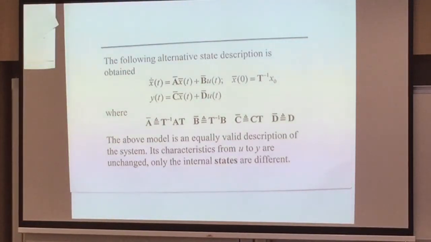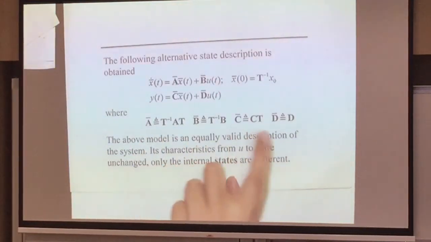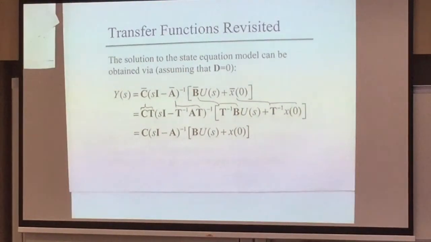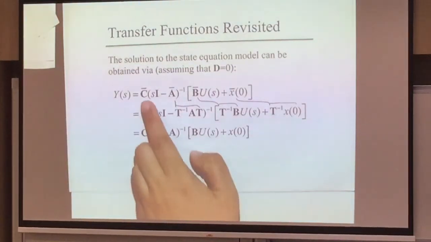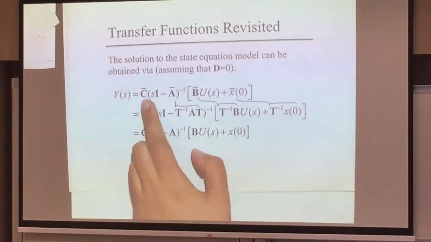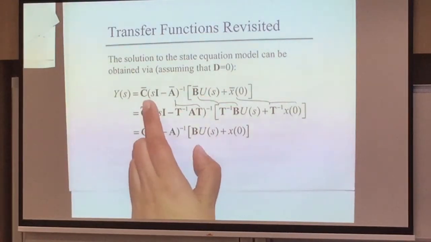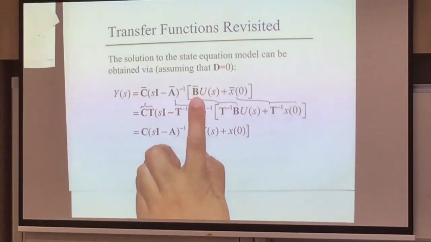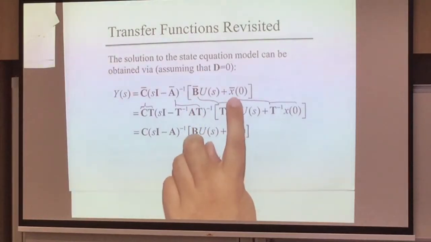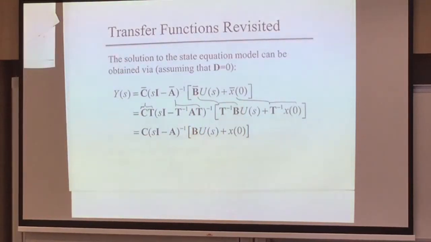If that is the case, what will happen to the transfer function? If you use this A bar, B bar, C bar, and D bar, then as we said before, the open loop transfer function is C bar (sI minus A bar) inverse B bar U. Now that you have done the similarity transformation, instead of C, A, B, it becomes C bar, A bar, B bar, and the initial condition x0 becomes x bar 0.